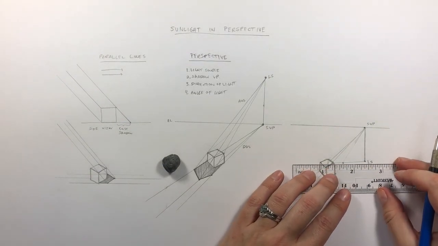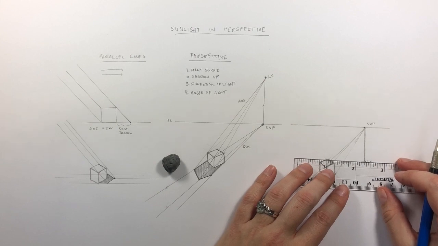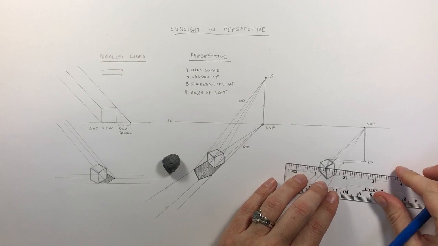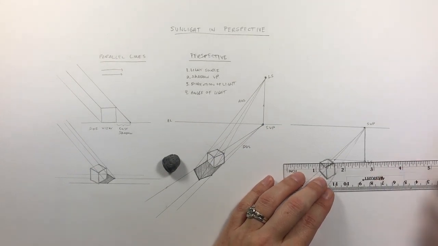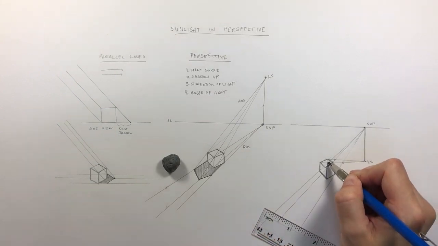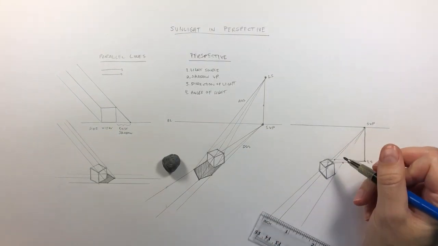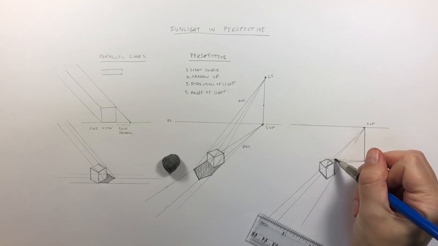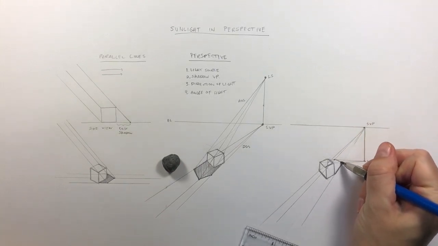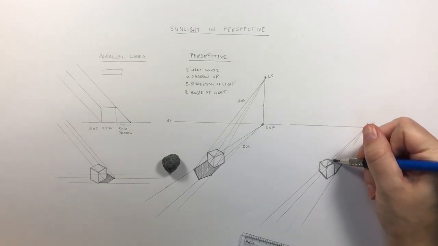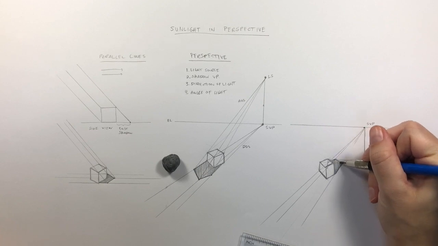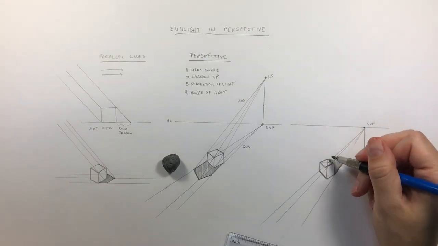So we can do the same thing to this one, and this is where that ends, and then this one. Now this one, it intersects back here, which is behind the cube, so we're actually not even going to see this point, but we do know we can connect this here, to that. So now this is our shadow.